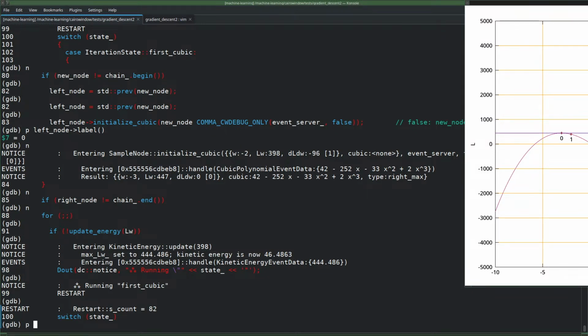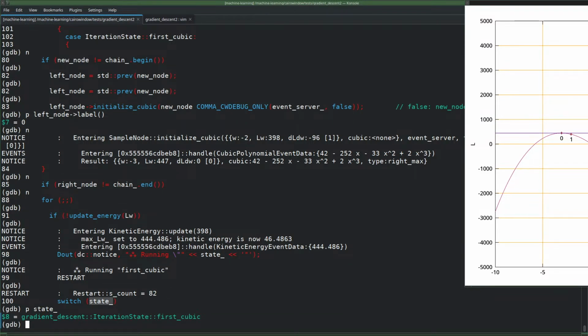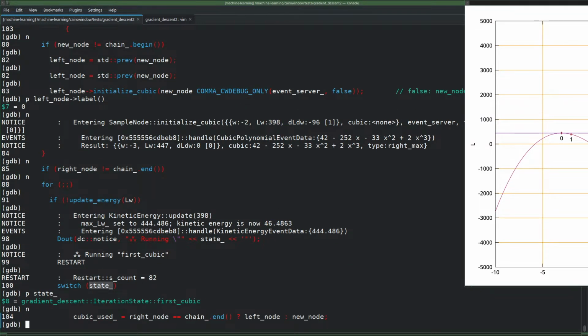Okay, so state was what? First cubic, yeah. So it says cubic used if right node equals chain end, and that was the case. Then we use left node, which is the only cubic that we have. This cubic here.